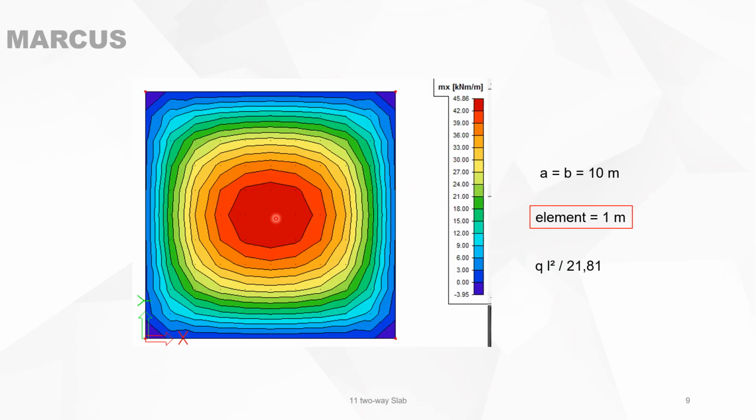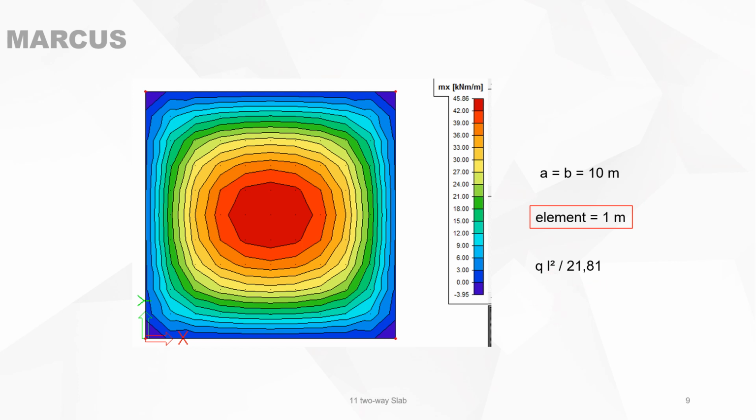And finally, we have one particular solver in a finite element method. Every parameter is fixed for a square slab, and the size of the slab is 10 meters. We calculate the maximum bending moment and the computer says it's 45.86. We use an element mesh of 1 meter. So this means that our bending moment is Q L squared over 21.81.